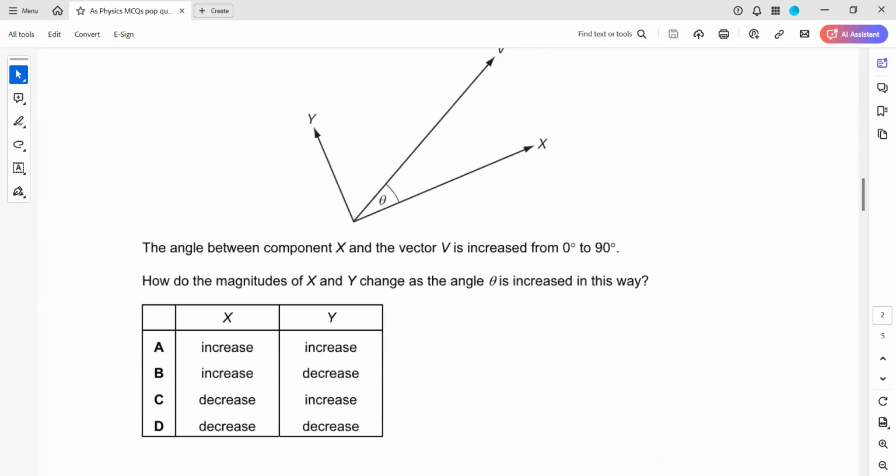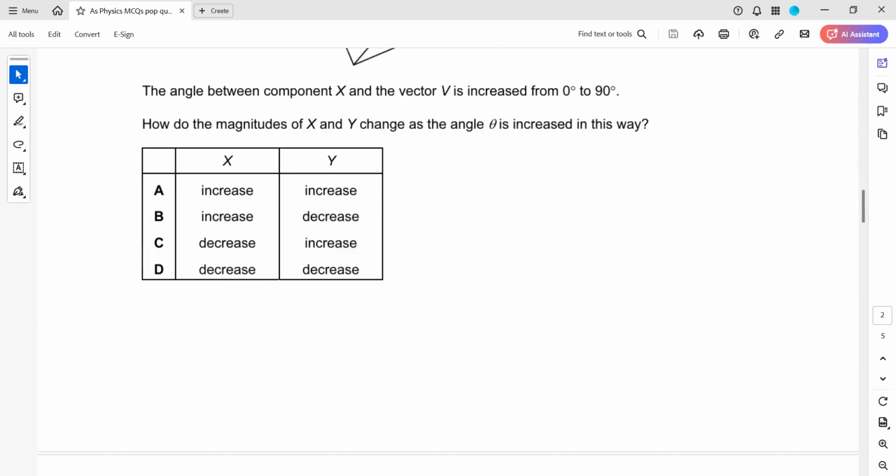Question three, any question or doubt in this three? Any doubt in question three?